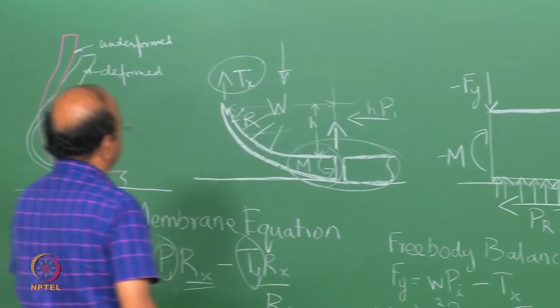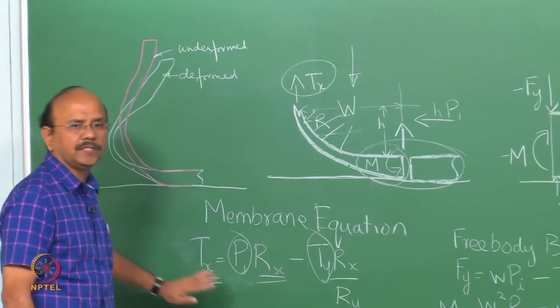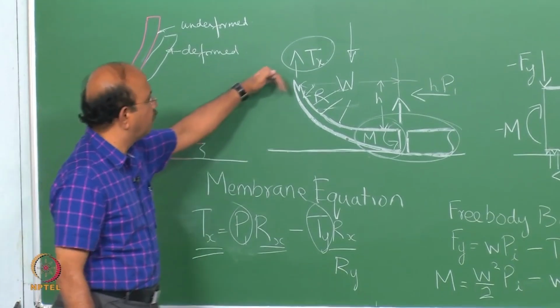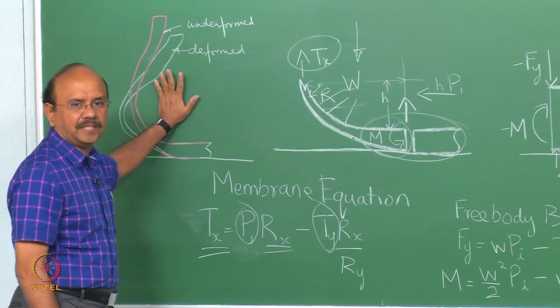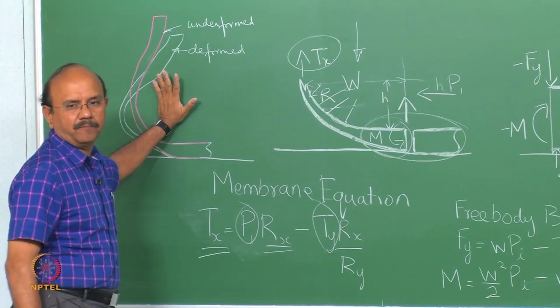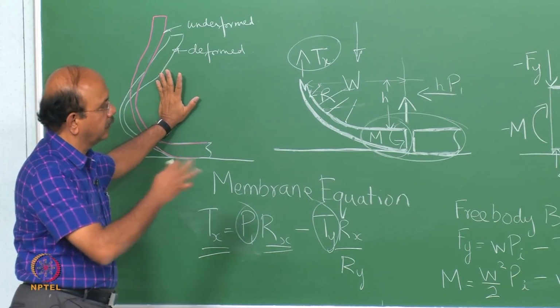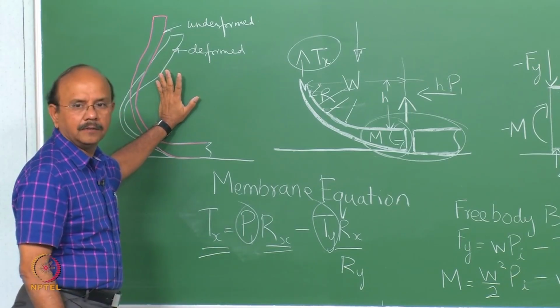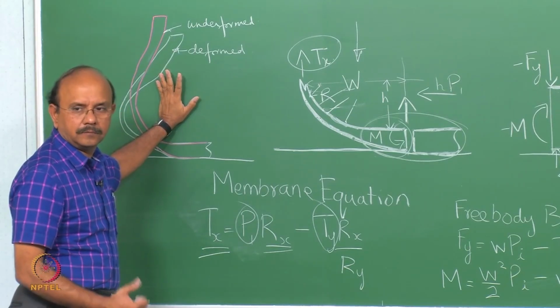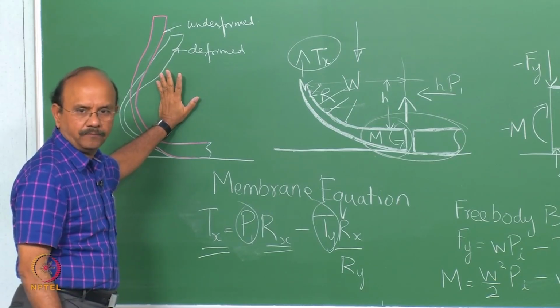We will not go into the details of this equation. I just want to say that there is a force in the sidewall, which you could loosely call a membrane force, which acts in the sidewall and has an effect on the bending at the contact patch edge.